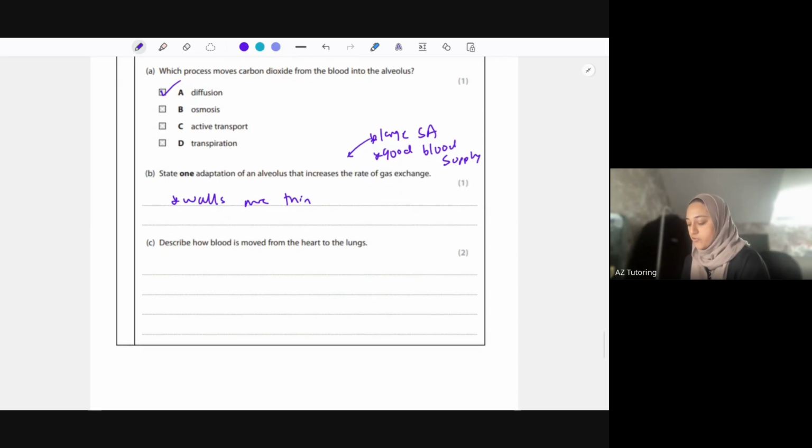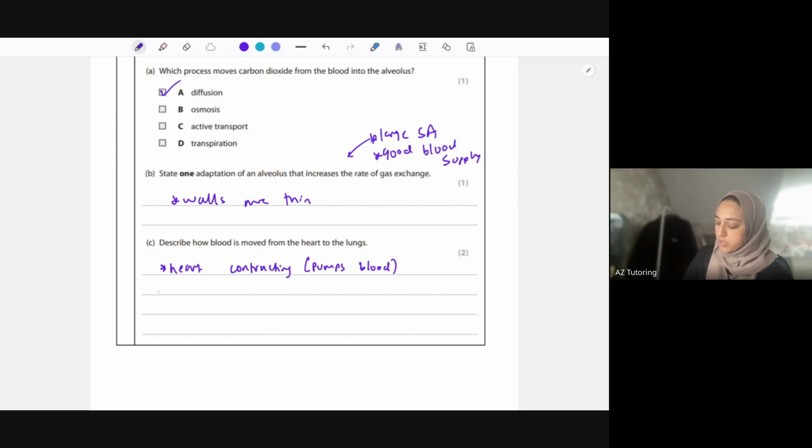Describe how blood is moved from the heart to the lungs. Okay, so you're describing part of the circulatory system where it's going from the heart to the lungs. So the heart is essentially contracting. That's how it's actually pumping the blood around. So the heart's contracting, so it pumps blood. For your first mark, where is it going through?